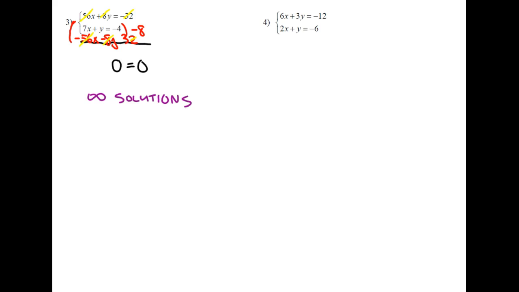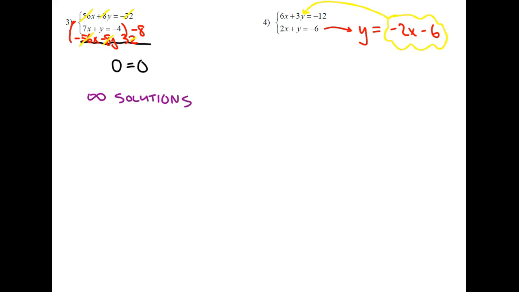If we solve the other one over here, same kind of thing happens. I'll show you substitution in this one. That bottom one I could rearrange and make it y equals negative 2x minus 6, like that. Then I could take that negative 2x minus 6 and put it in the other equation for y.